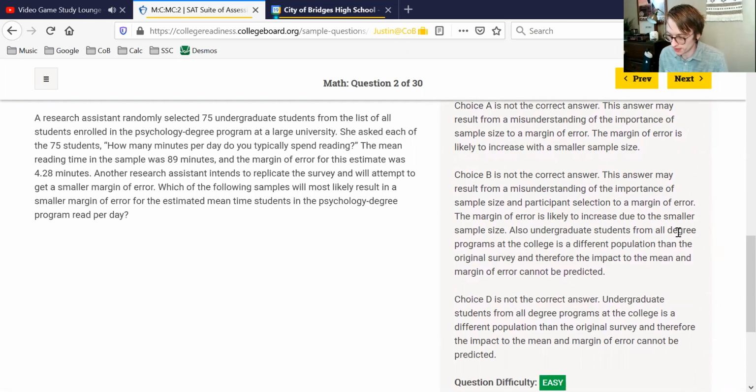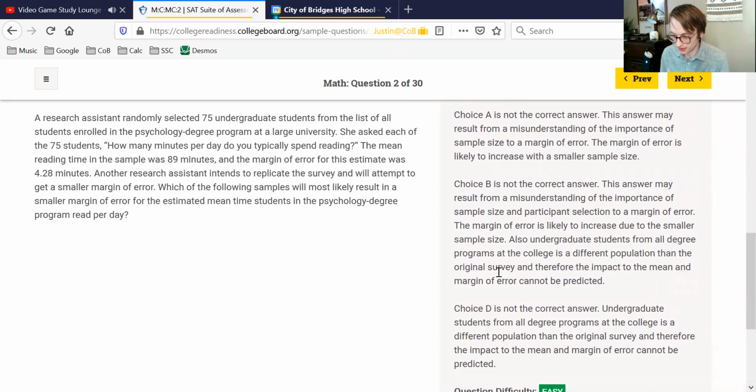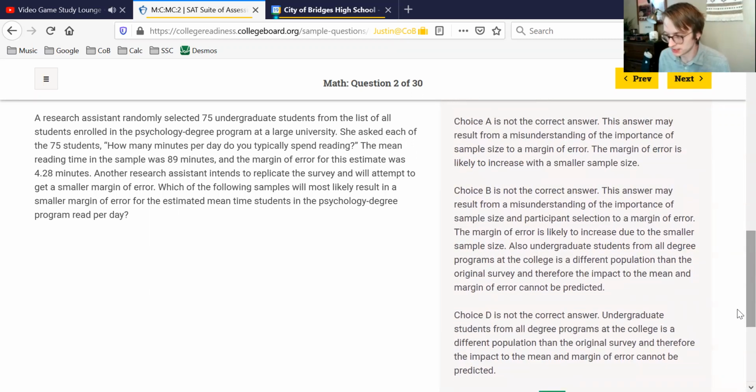Also, undergraduate students from all degree programs at the college is a different population, and therefore the impact to the mean and the margin of error can't be predicted. So these are totally different students, and we don't really know how that's going to impact our margin of error. But we can honestly expect to see a greater margin of error if we're asking students from different backgrounds.